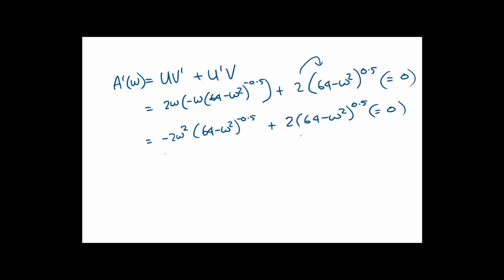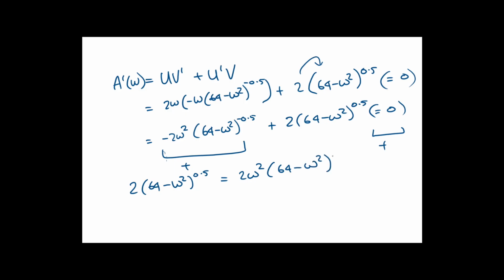Now we have a negative here and a positive here, so I'm going to add this to both sides of the equal sign. So we're left with 2 (64 minus W squared) to the power of half equals 2W squared (64 minus W squared) to the power of negative 0.5.